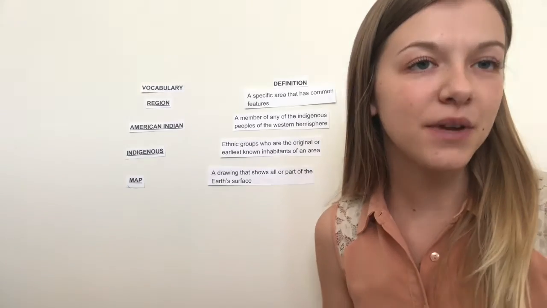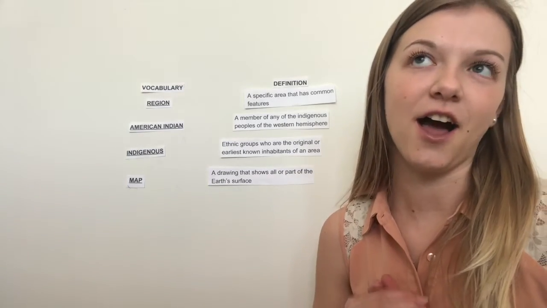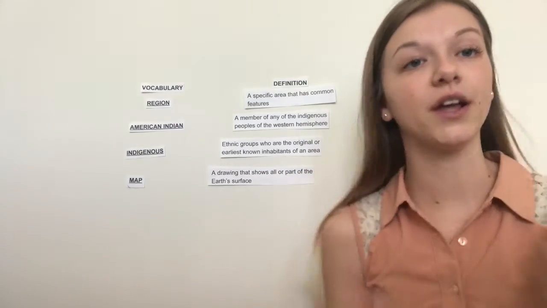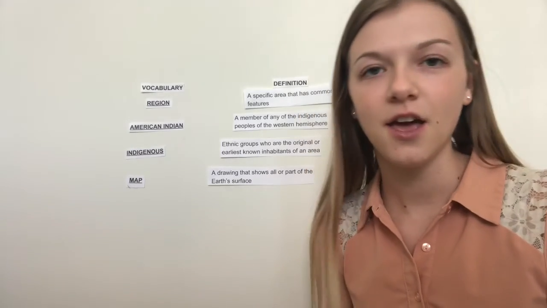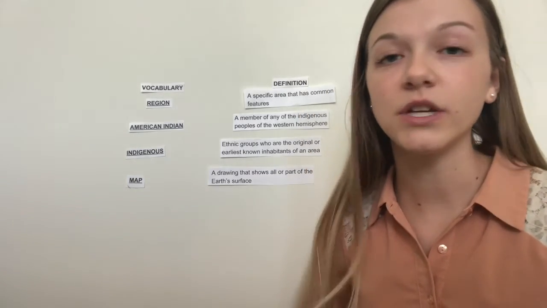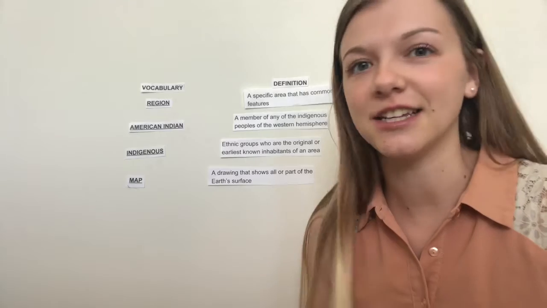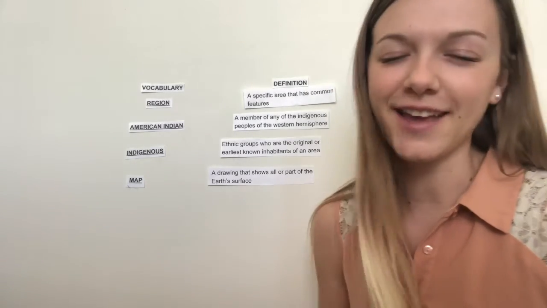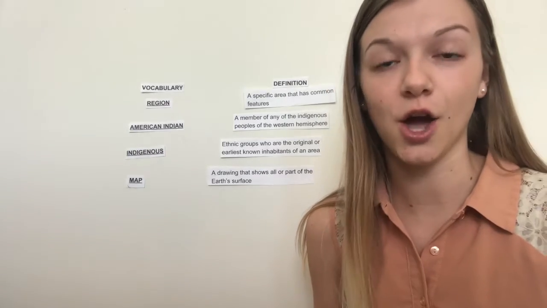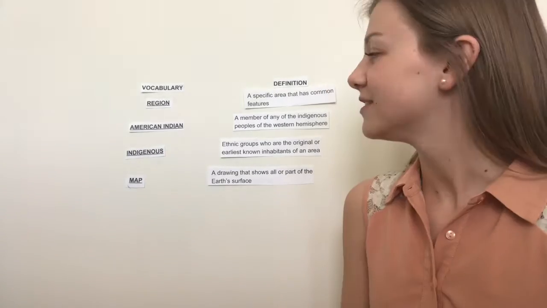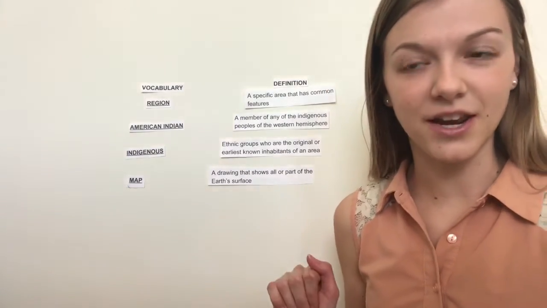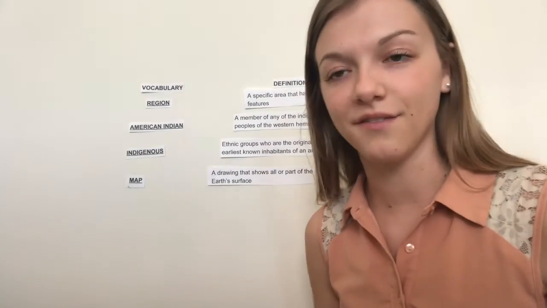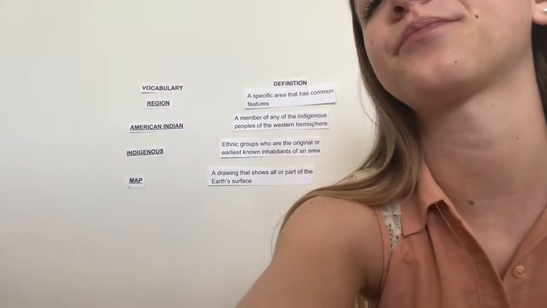So a map will typically show us places like where we can find different countries or states, rivers or lakes. More specifically, it can show us buildings and roads if we're trying to get to our best friend's house or wherever it is we're trying to go. Maps can show us the way. So if you need more time to write these down, you can pause the video, but we're going to move on to our 5th and final term for today.